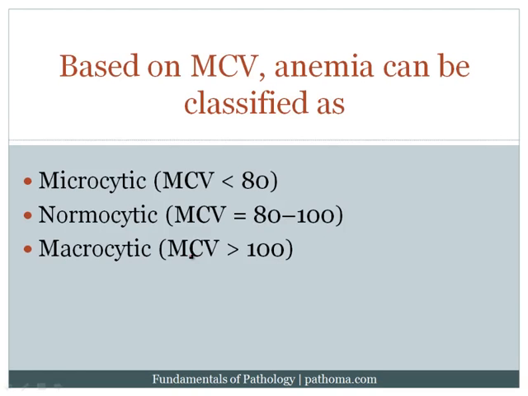However, my personal feeling is that the best way for a student who's learning about anemia to understand it is to divide it based on the MCV. The MCV is the mean corpuscular volume, and it gives you an estimate of the size of the red blood cell. For me, if you understand anemia based on the size of the red blood cell, that makes it very easy to learn the different anemias.